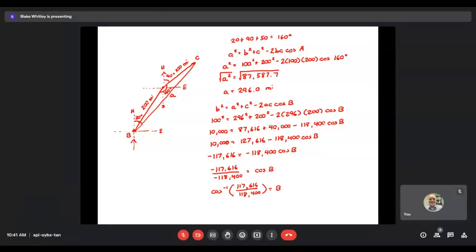And so if we do that, that should give us angle B is 6.6 degrees.